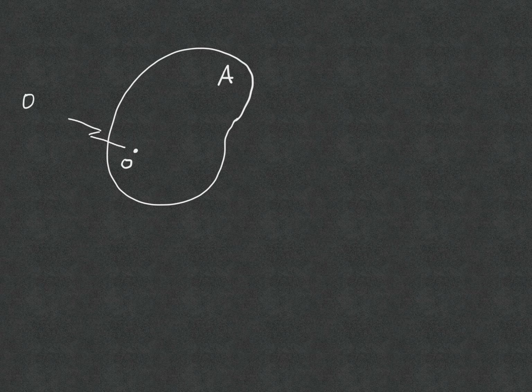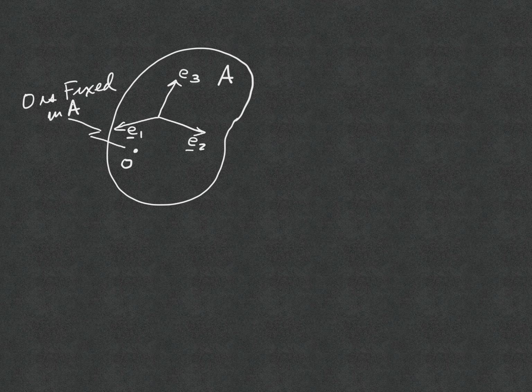So O is fixed in the frame, which in this case is A. So it's fixed in A. And then I have 3 vectors which form a right-handed orthonormal basis, and I'll just qualitatively draw these vectors. And I'm going to call these vectors E1, E2, E3, and this basis E1, E2, E3 is fixed in A.